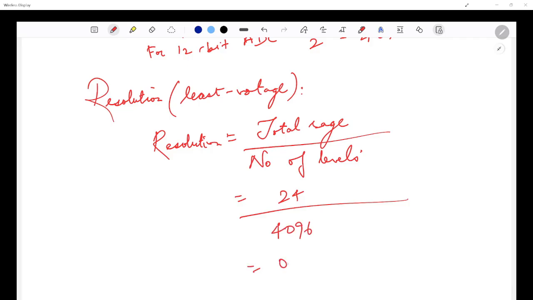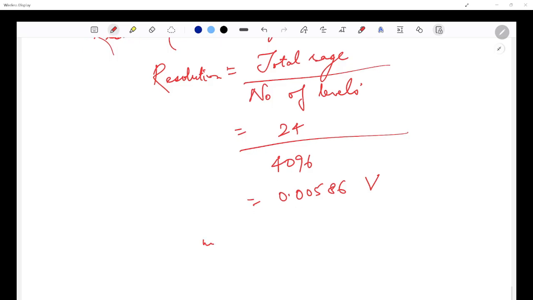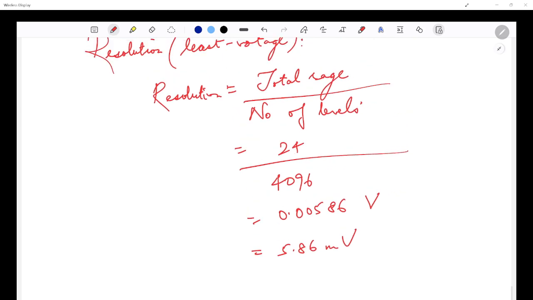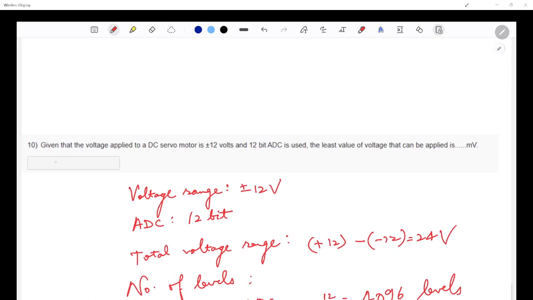From here you get nearly 0.00586 volts. If you convert this to millivolts, it would be 5.86 millivolts. So your final answer here is 5.86 millivolts.